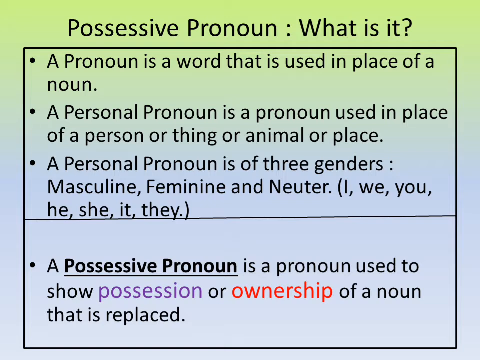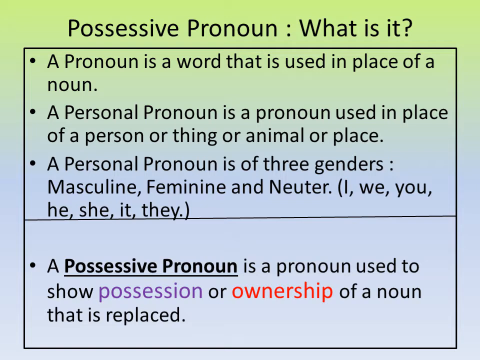Because when we look at possessive pronoun, possession talks about ownership. So when a possessive pronoun is discussed here, we have to first understand the personal pronoun, because the possessive pronouns depend on the gender and the number. How is it? We will see soon later.